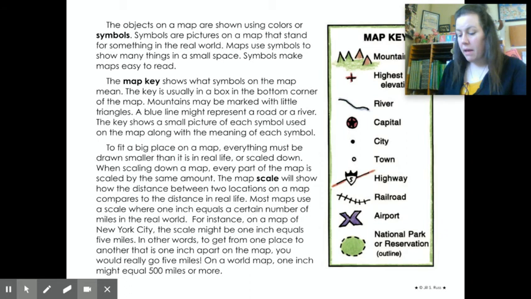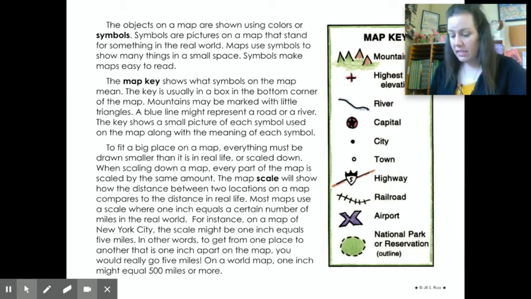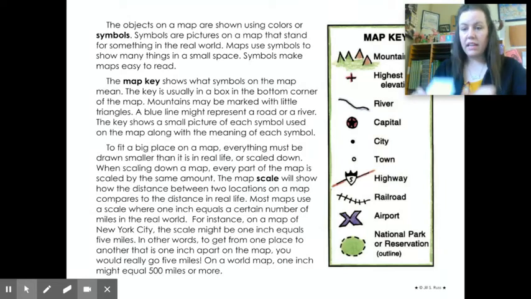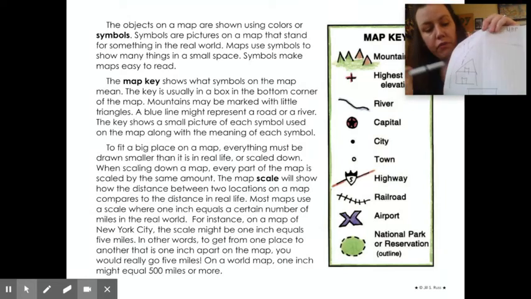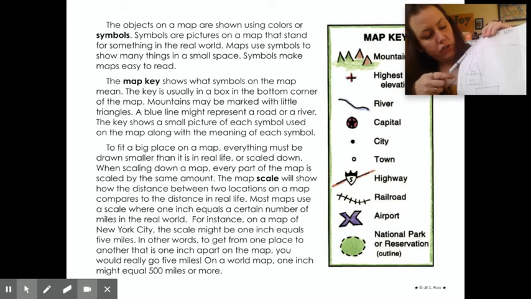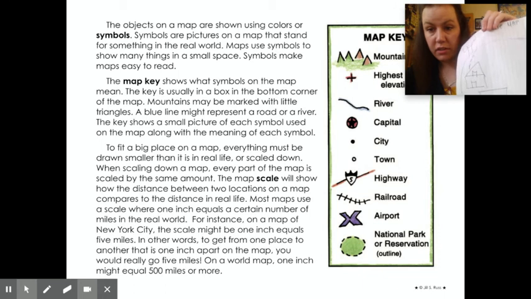So on my map here, maybe I say an inch on my map is going to be 1 mile, okay? So these little lines that I just drew represent an inch, okay? So from this house to this tree, there's 1, 2, 3, 4 inches in between there.